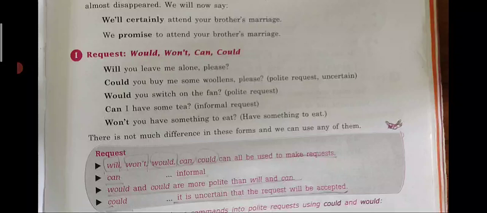Can is used for informal situations. Would and could are more polite than will and can. With could, it is uncertain that the request will be accepted. So when it is not certain whether whatever I am requesting will be accepted or not, then we use could. The past forms are more polite than the present forms.